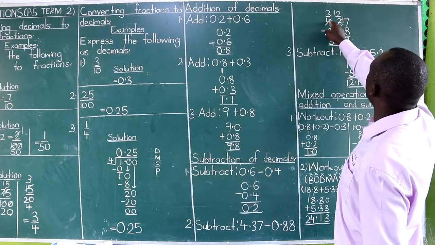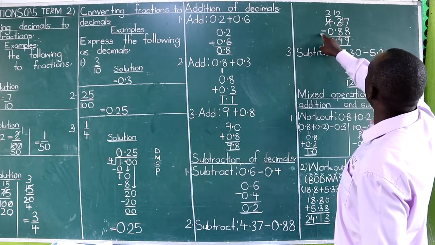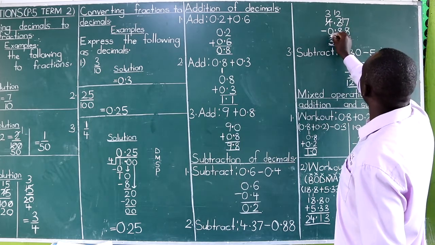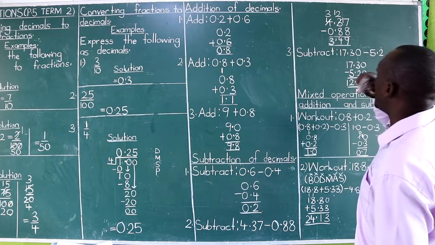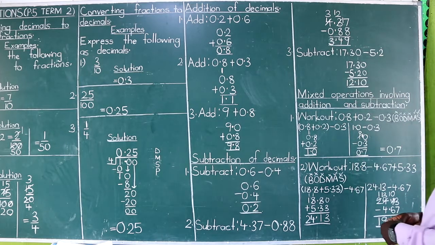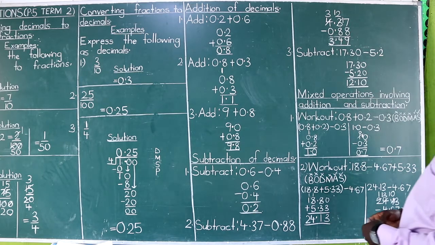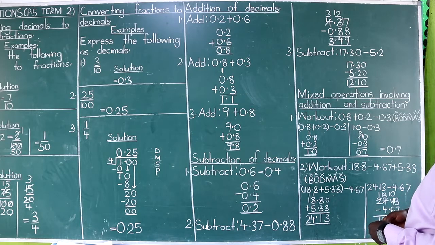Now, we've got 4.37 minus 0.88. So put the equals already, and then start our subtraction. In example number 1, it was direct subtraction, for we don't need to borrow.